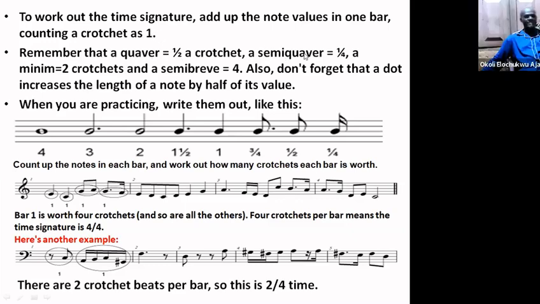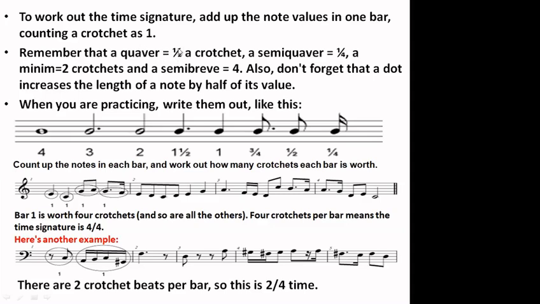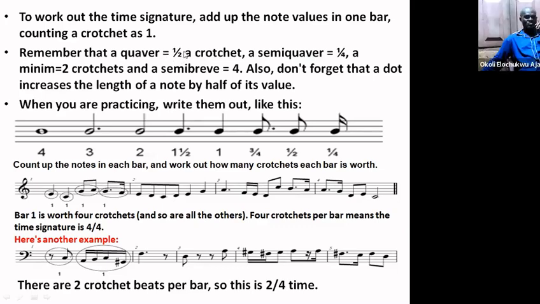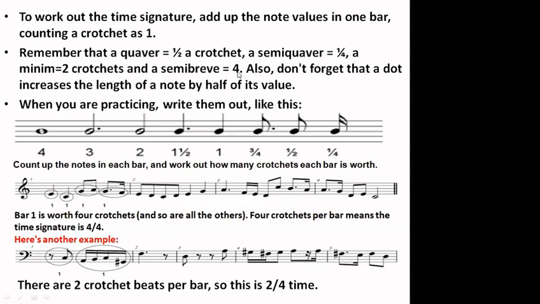That means that in a crochet you have 4 semiquavers, and in a crochet you have 2 quavers. So it's telling you now that a quaver equals half a crochet, same way a semiquaver equals 1/4 a crochet. And so a minim now equals 2 crochets, and a semibreve equals 4 crochets.